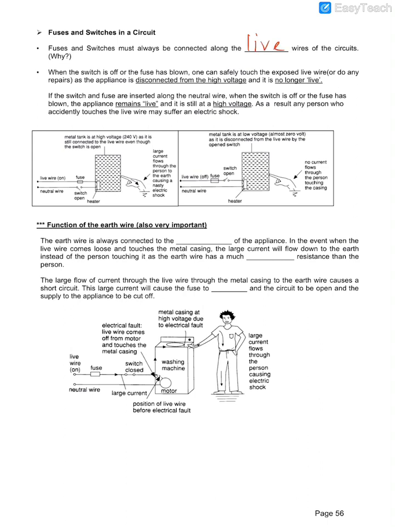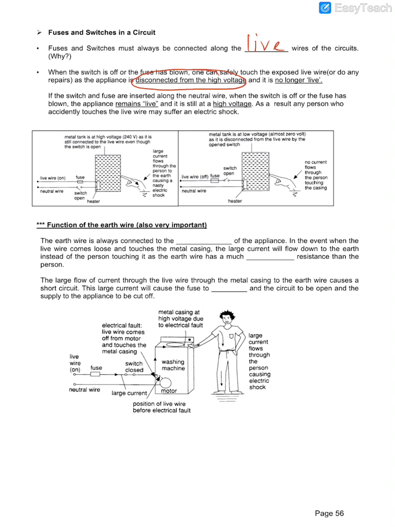Okay, so this is how you explain. So when the switch is off or the fuse is blown, one can safely touch the exposed live wire or do any repairs as the appliance is disconnected from the high voltage, no longer at plus minus 240 volts, and then no longer live.